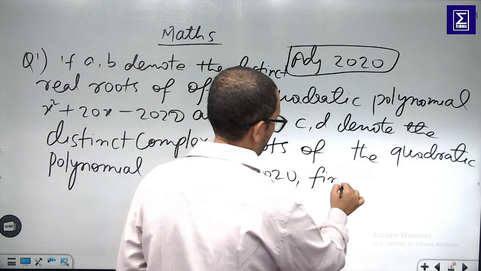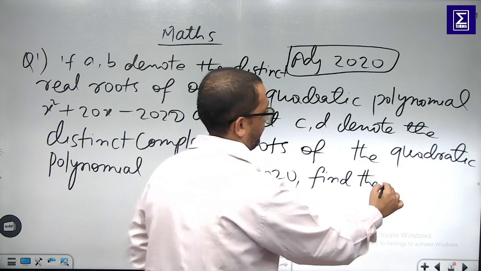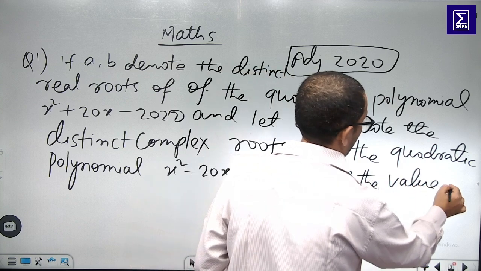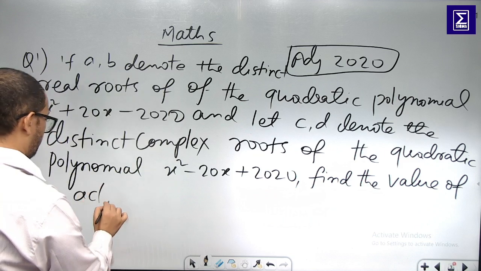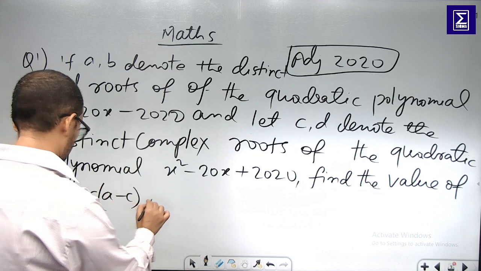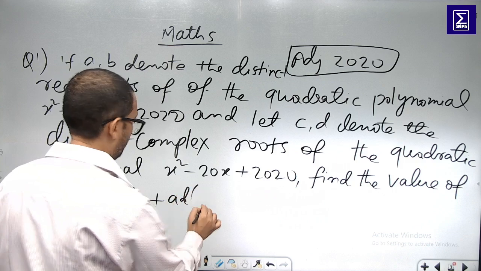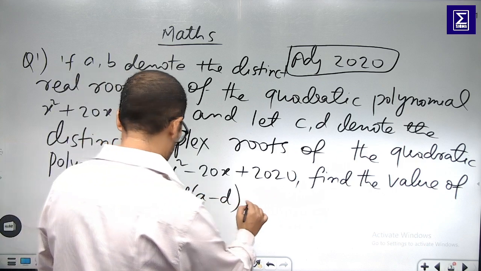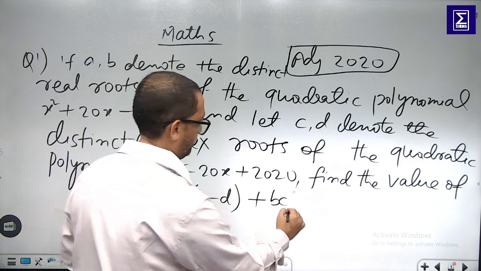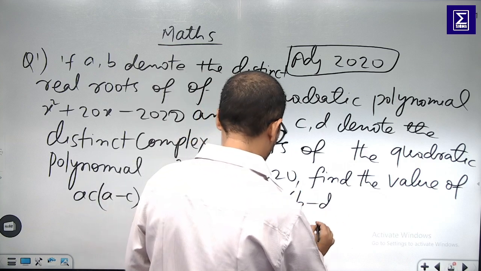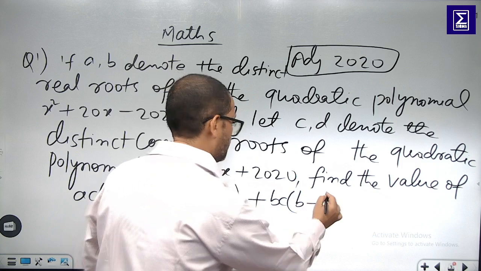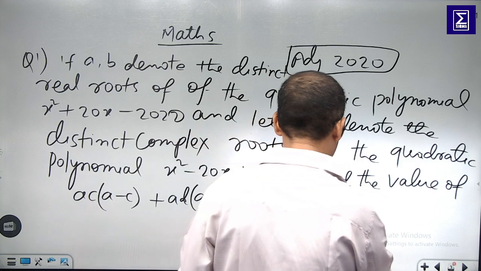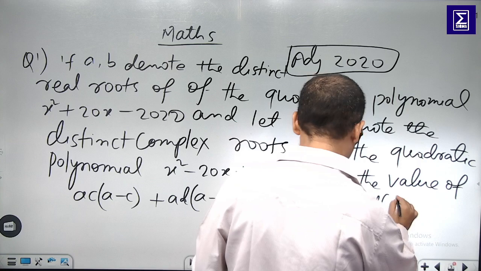Find the value of ac(a minus c) plus ad(a minus d) plus bc(b minus c) plus bd(b minus d).